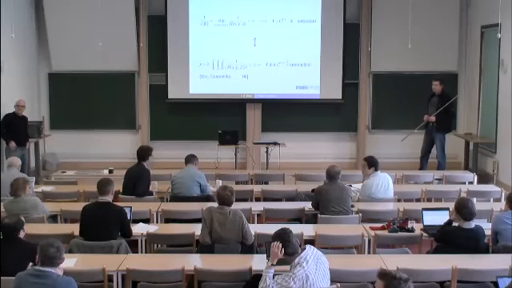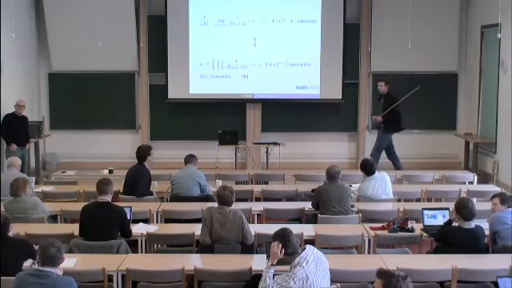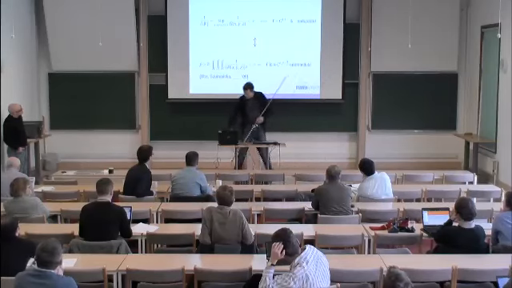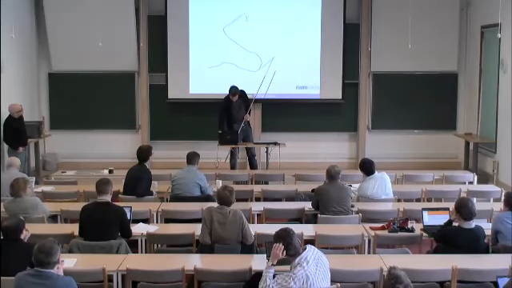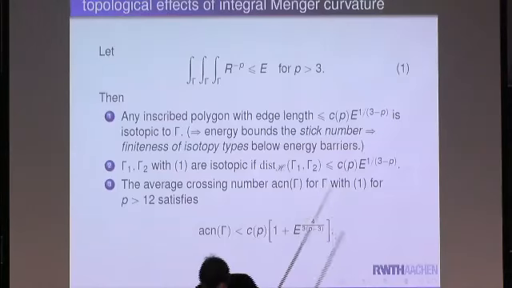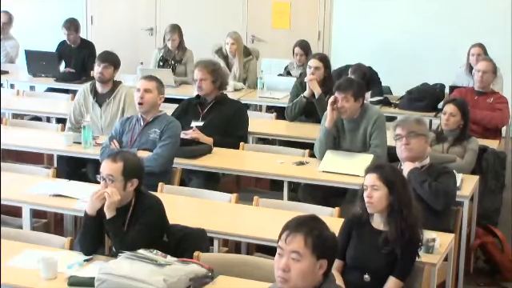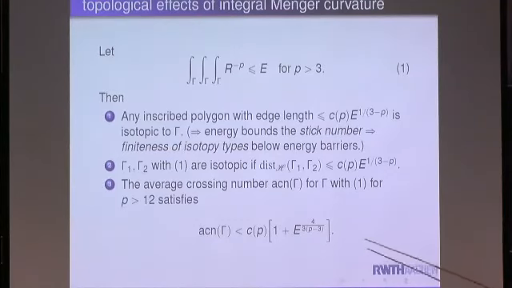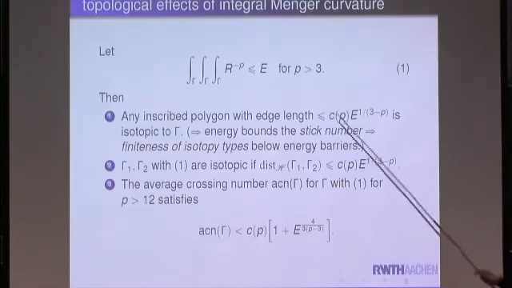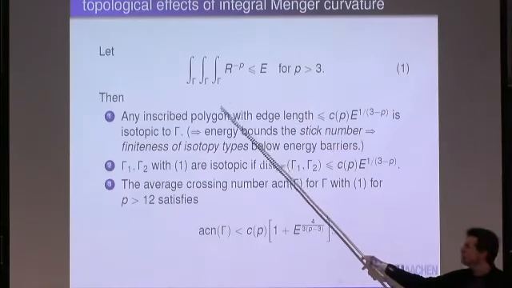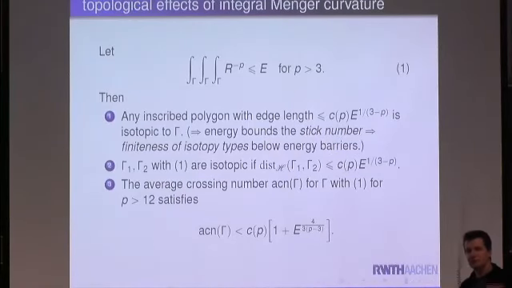Could you just show the power law you had for average crossing number again? Yes. The last thing. Okay, so e to the 1 over p minus 3 is the thing that scales like length. Yeah, I mean, you have to keep in mind that e is the value for that thing. If you take this to the power 1 over p and then send p to infinity, you get the right limit to 1 over thickness or rope length. Yeah?